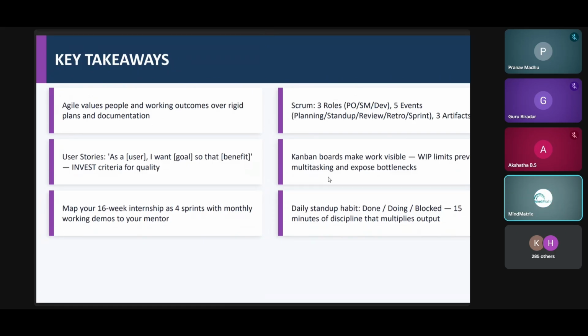Your slot timing and the link will be posted in your respective Discord channels. Do follow the same links and same slots. And make sure that you have all filled the Google Forms. Only those who have filled the Google Forms with both their video registered email IDs and also their personal Gmail IDs will be getting the access.